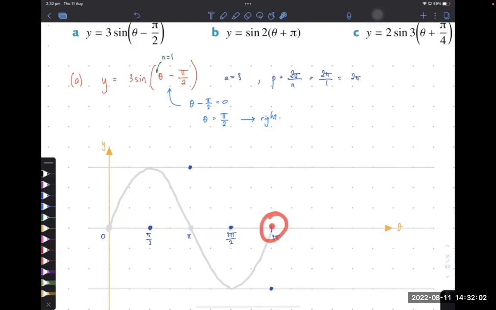Where's 2 pi going to move to? Yep, this point here goes over here, right? How'd you get 5 pi over 2? Yep. Or you can count 0, 1 pi on 2, 2 pi on 2, 3 pi on 2, 4 pi on 2, 5 pi on 2.